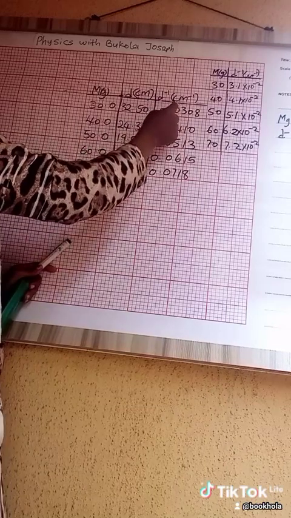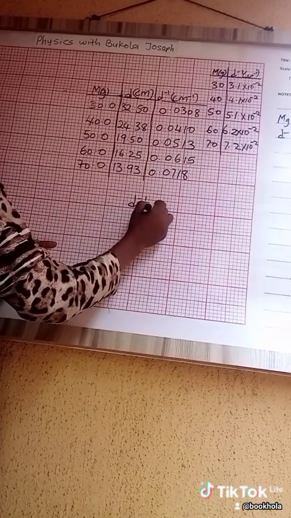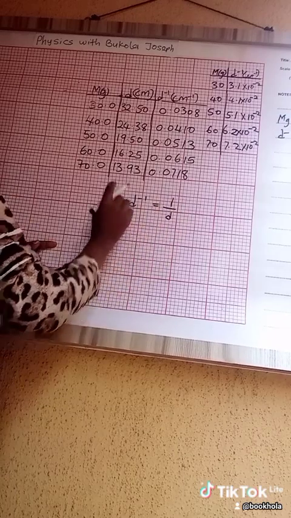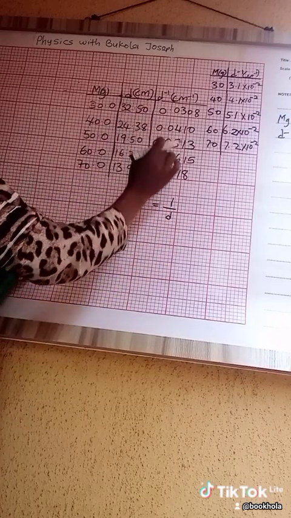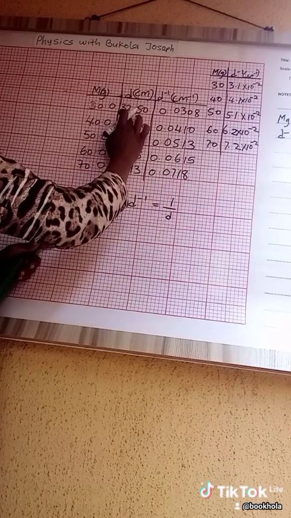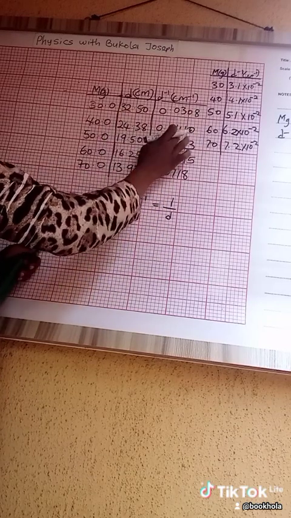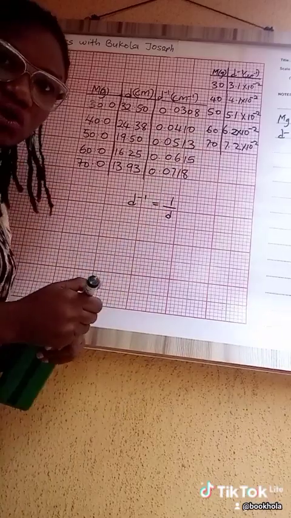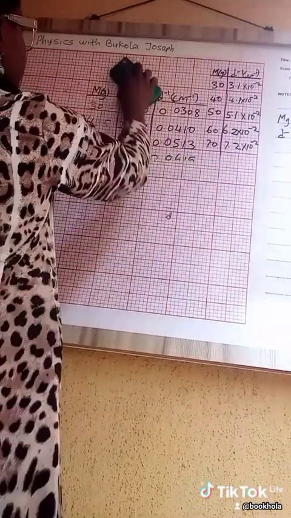When you have an inverse, it means 1 over D. D inverse is the same thing as 1 over D, and we have D here. What is D? D is 32.50, so we have 1 divided by 32.50, and 1 divided by 24.38. And so let's go to graphing before we run out of time.